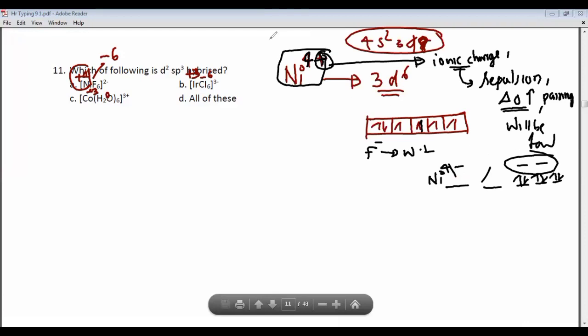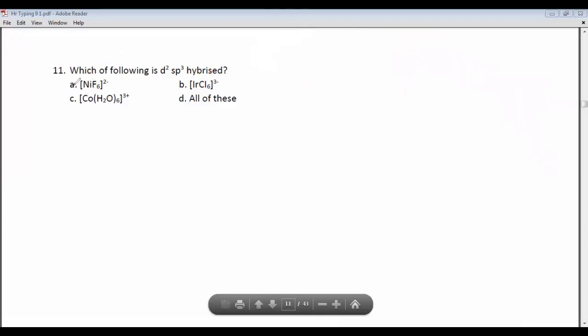So actually there are 2 d orbitals vacant, which can provide the d2sp3 hybridization. Okay. So this is fine, d2sp3.